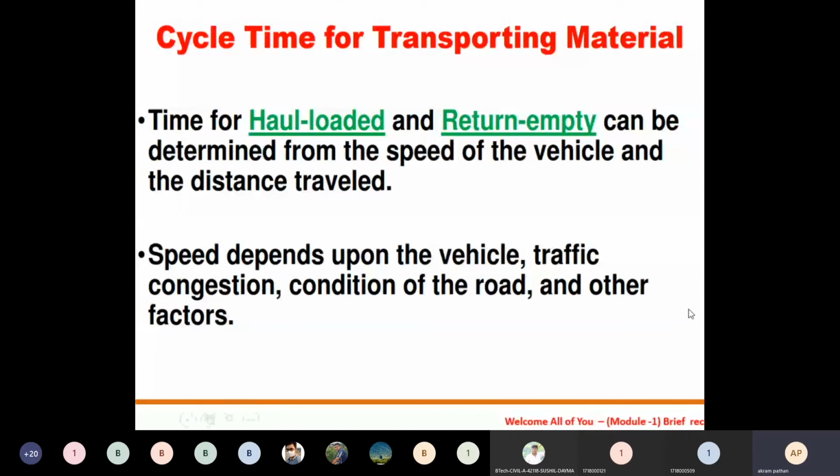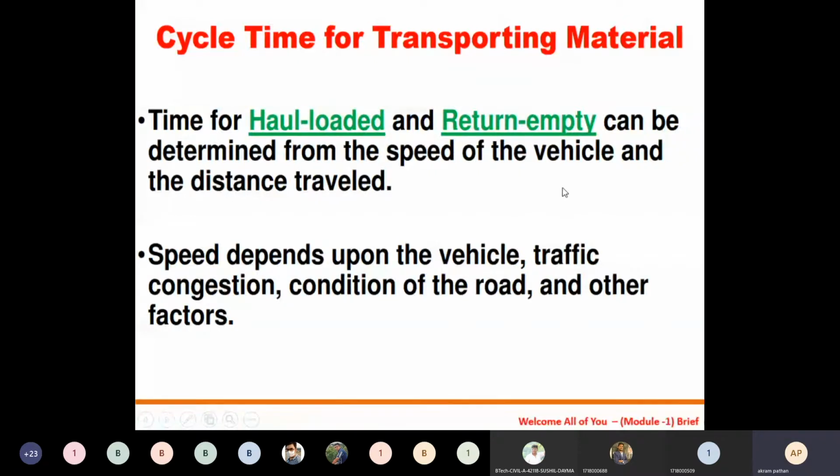Then see here another important definition, that is cycle time. Cycle time means the time in between loading and unloading. Whatever time it takes in between, we call it the cycle time.